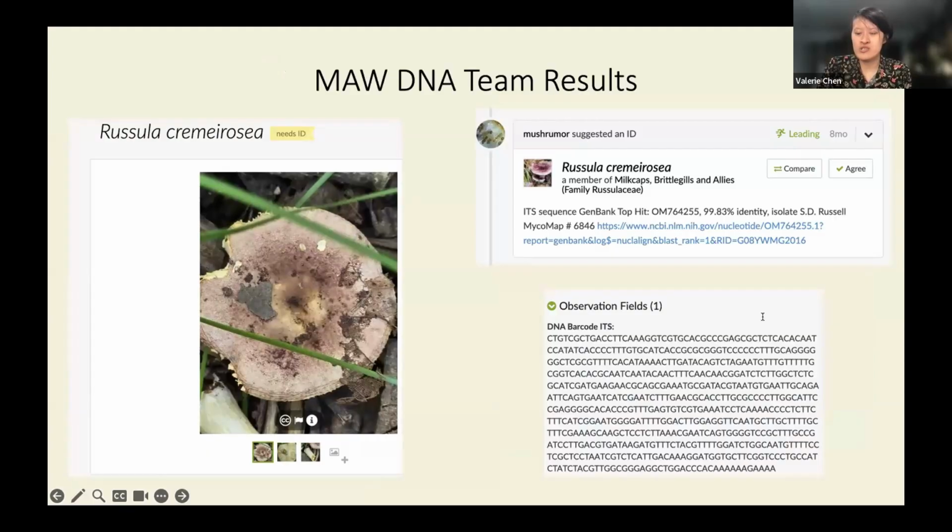So this is one of several russulas I collected during my survey, which, as I mentioned, are hard to identify and not well described. When the data came back for some of my samples, Megan on the MAW-DC DNA team was so helpful in guiding me through how to clean up and compare the sequence to a database of sequences using the NCBI BLAST tool. The database provided a sequence that was 99.83% similar to a sequence described as Russula cremorosea.